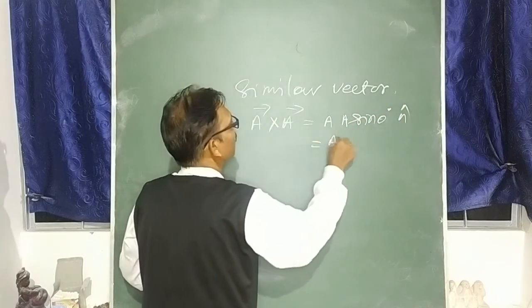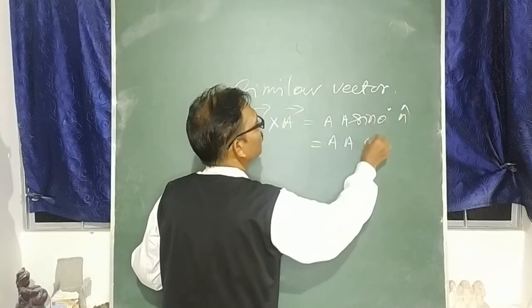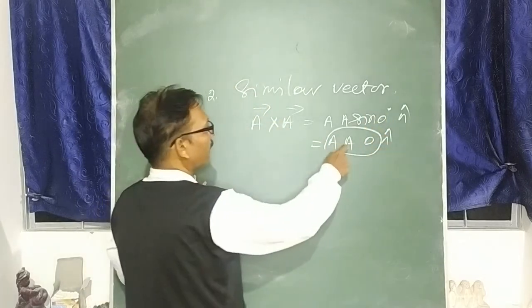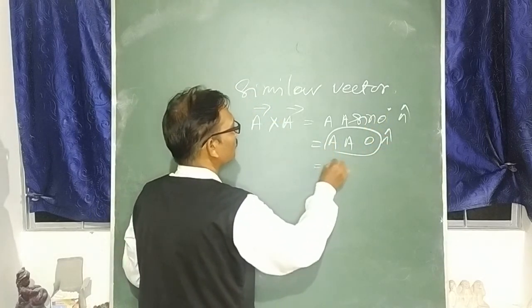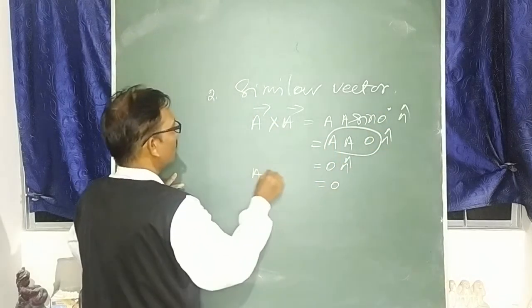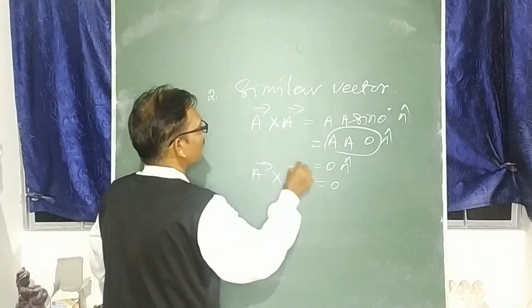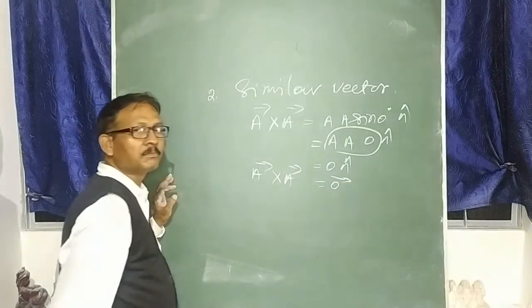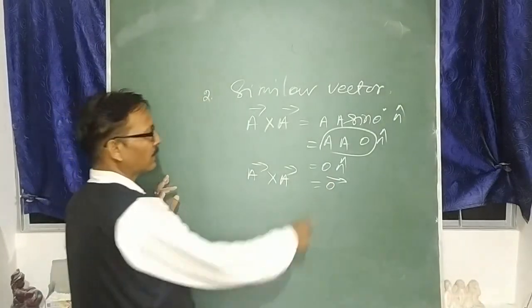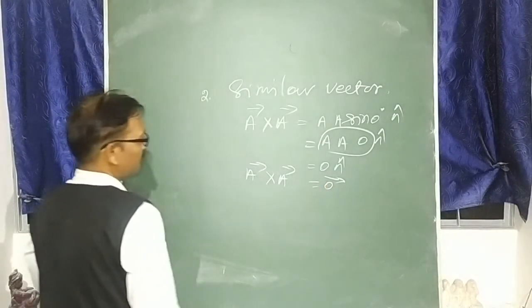A sin 0 is equal to 0, n cap. This is a scalar, 0 into A, that is equal to 0. 0 into n cap is equal to 0 vector. So A cross A is equal to 0. Magnitude is 0. Vector is equal to 0 vector, that is called null vector also.